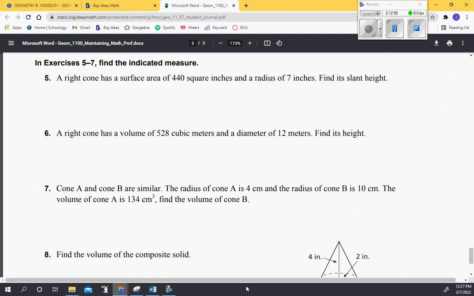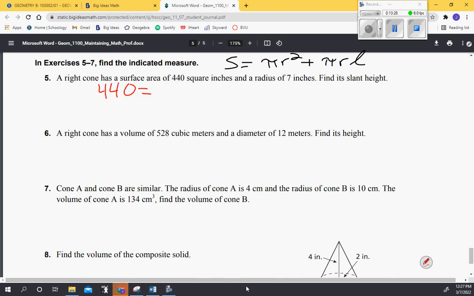Number 5. 5 through 7, we have to find the indicated measures. A right cone has a surface area of 440 square inches and a radius of 7 inches. Find the slant height. So remember, surface area is equal to pi r squared plus pi r L, where L is the slant height. They give us the surface area, it's 440 square inches.